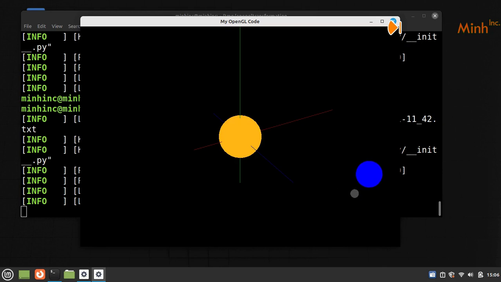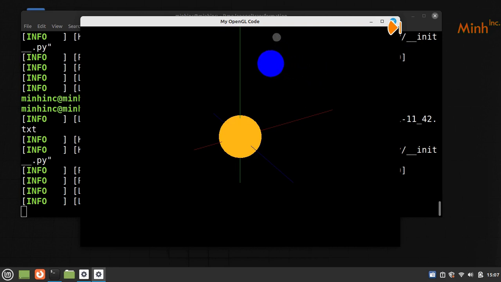Earth is rotating on its own axis, but since we have used a circle and the same color, in texturing we will see, once we put the texture on the Earth, that it is rotating on its own axis. So this is the scenario.